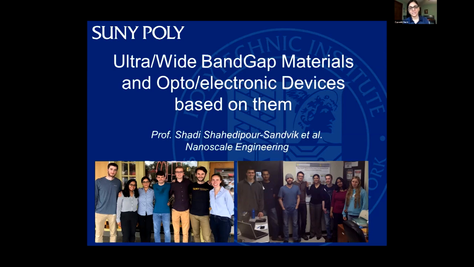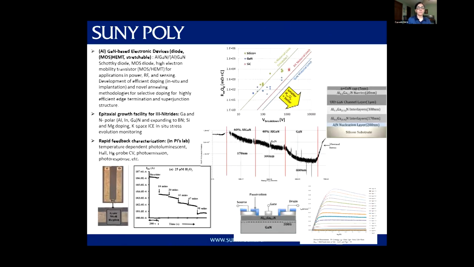Next slide, please. We do a lot of things in my group. I've tried to capture a couple of examples so that I can go into some detail and explain some of the things that we do.